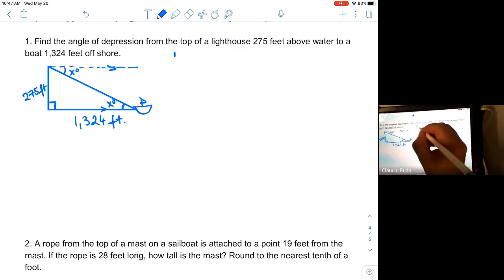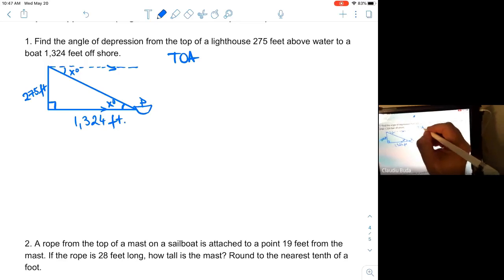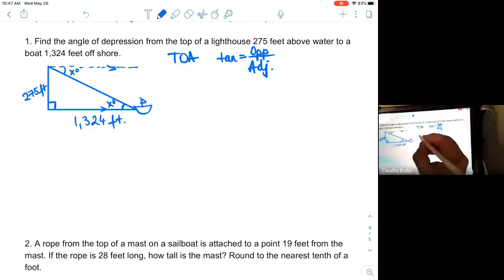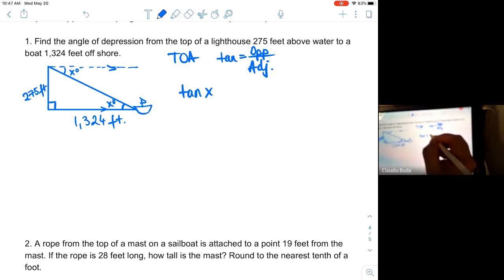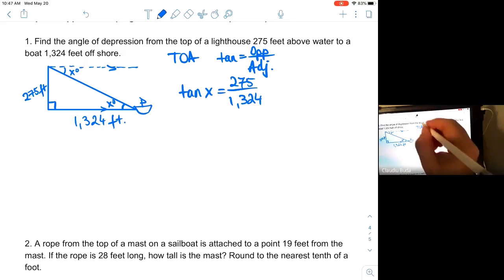So what do we know from SOHCAHTOA? TOA has the opposite and the adjacent, tan: opposite divided by the adjacent. So tan of x, the angle, we don't know the angle, is equal to the opposite, 275, divided by 1,324. How do we find this angle right here?